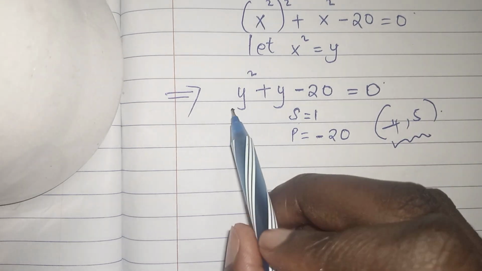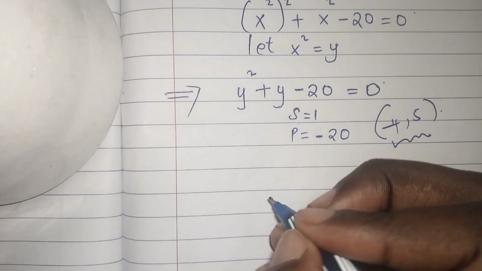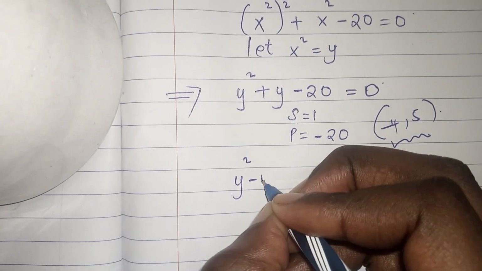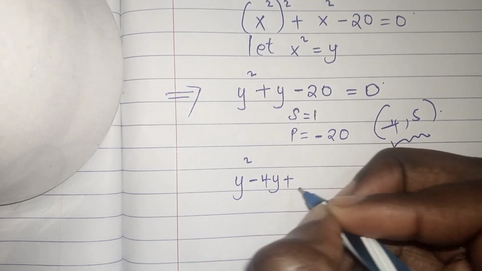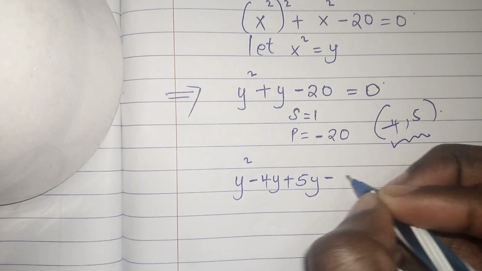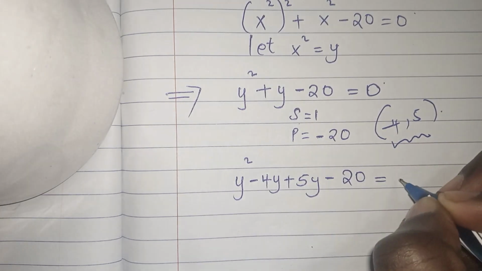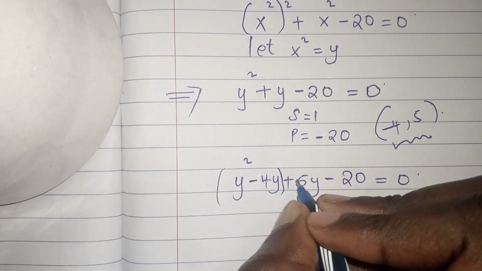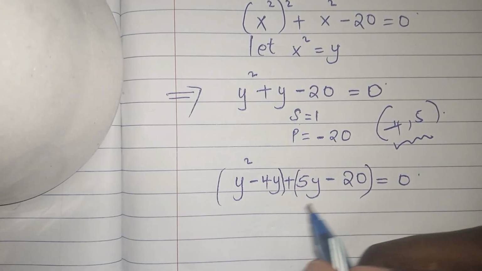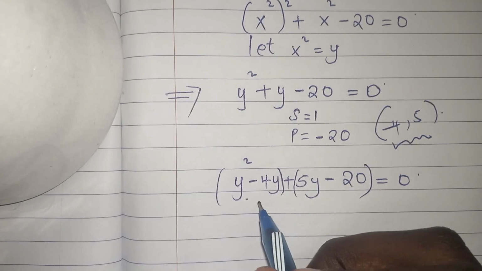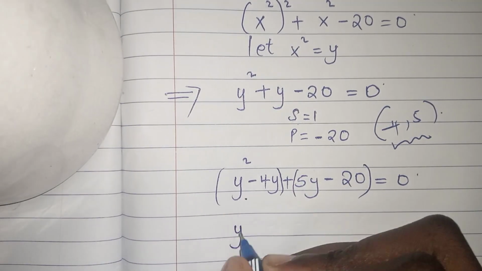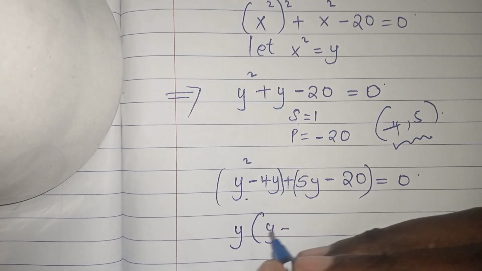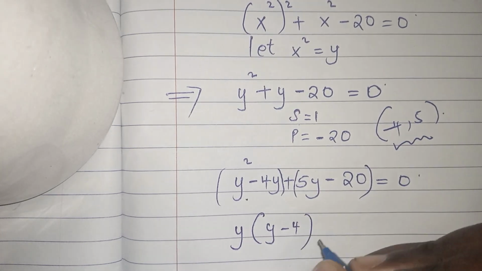Substitute these numbers in our quadratic equation. So y squared minus 4y plus 5y minus 20 is equal to 0. So this is our first term and this is our second term. So let us factor out our common factor here, which is y. So y squared divided by y, this is y, minus 4y divided by y, this is 4, into bracket.